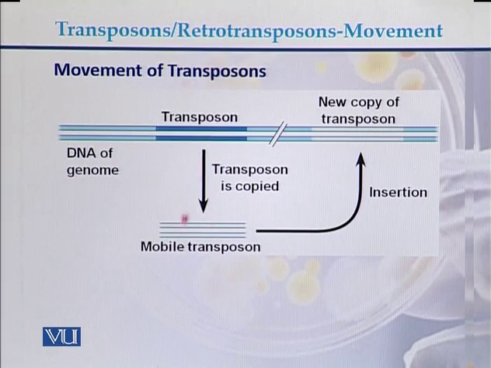It moves as a segment of DNA from one location to another location, or is inserted into another location of the genome, and then it is called a transposon. This means in the case of transposons, the intermediate is DNA. DNA moves from one location to another location of the genome.